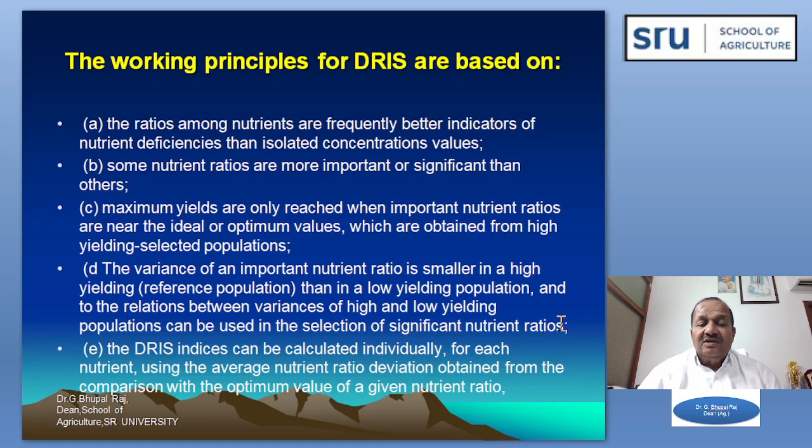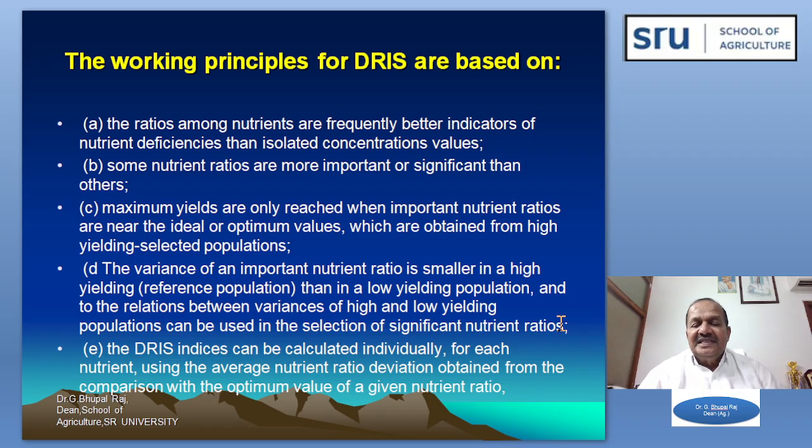The variance of an important nutrient ratio is smaller in a high yielding, that is reference population, than in a low yielding population, and the relation between the variances of high and low yielding populations can be used in selection of the significant nutrient ratio. So take a particular ratio in the test sample, in the high yielding population, and in the low yielding population.